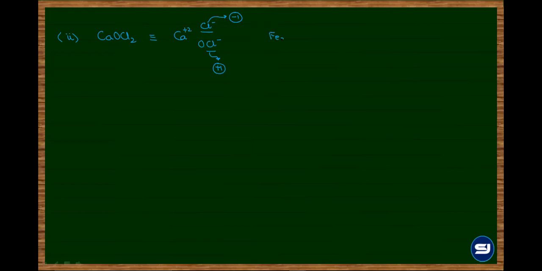Similarly, Fe3O4, what is this called? Magnetite. Very good. And it's a mixed oxide of Fe2+ and Fe3+. Very good. Meaning the Fe has oxidation number of +2 as well as +3.